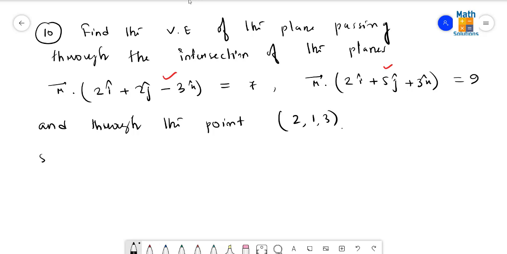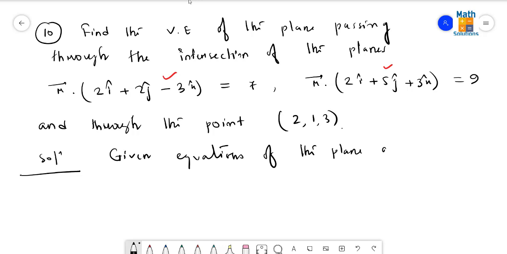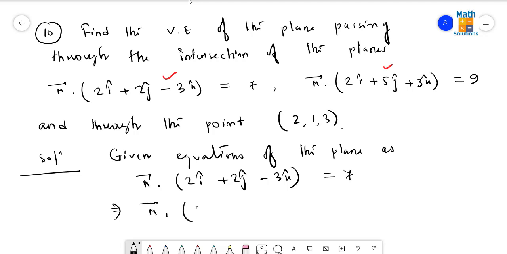So coming to the solution part, we have to write down the given equations of the plane as vector r dot 2 i cap plus 2 j cap minus 3 k cap is equal to 7, which can further be considered as vector r dot 2 i cap plus 2 j cap minus 3 k cap minus 7 is equal to 0.